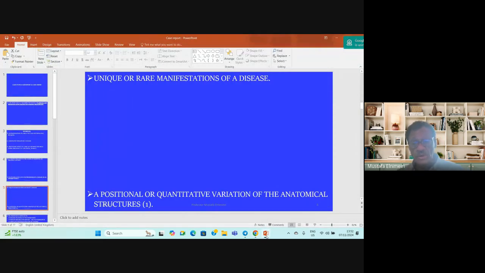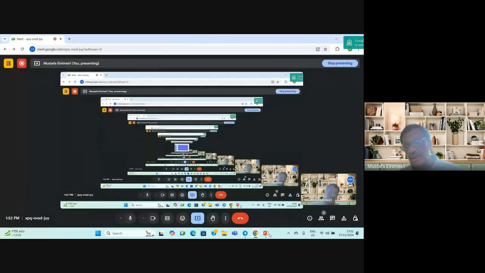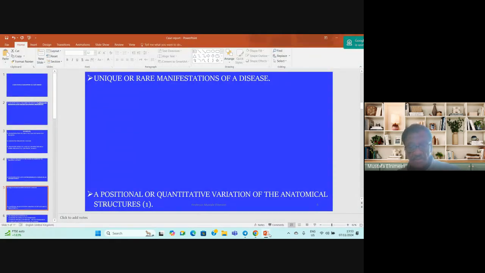Also, a positional or quantitative variation in the anatomical structure, for example, in any of the organs, you find that there are abnormal anatomical positions, for example, or variation in the anatomical structure.